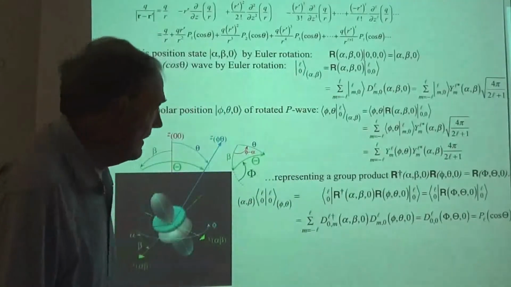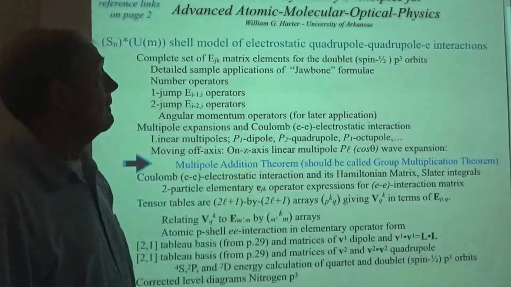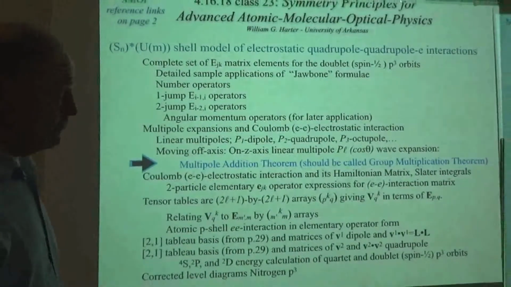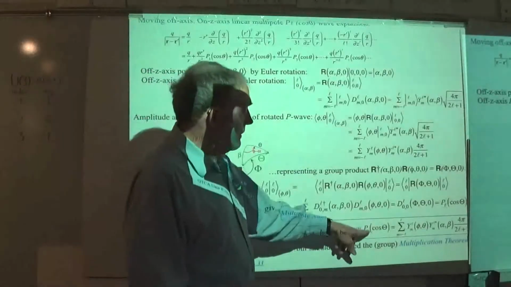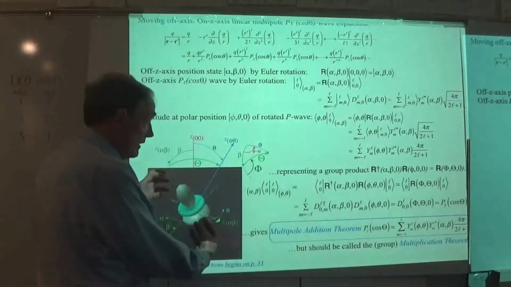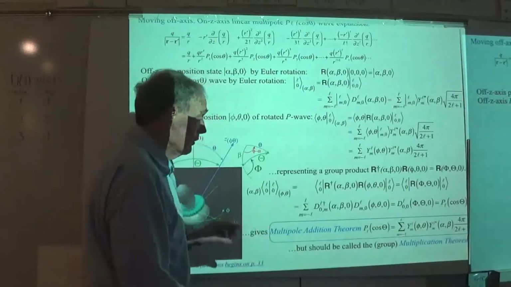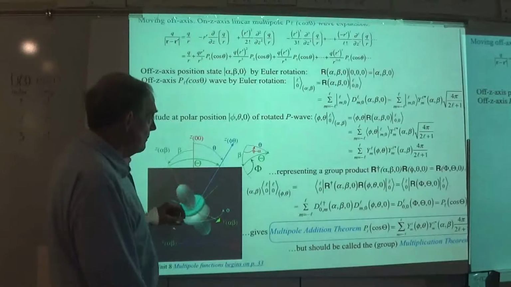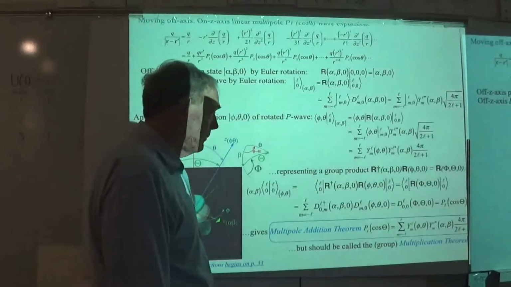Okay, that's really cool. Okay, so this is the multipole addition theorem. It was gotten by group multiplication. There it is. The Legendre polynomial, that's this thing, but floating out at some angle, big theta, with respect to the z-axis, which is also out there floating around somewhere.